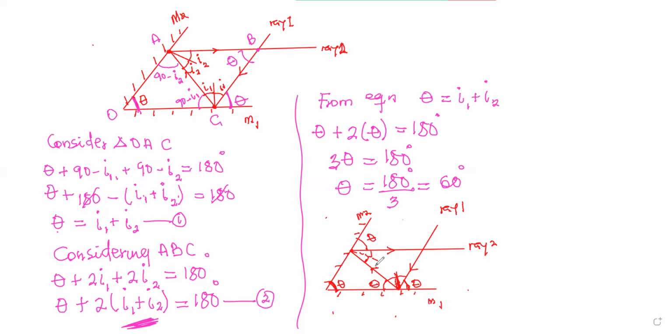And so if this is I2, equal to the angle of reflection I2, then this angle here must also be equal to what is here. So when you consider the triangle ABC, the sum of angles is 3 theta. So 3 theta is equal to 180 degrees, and theta is 180 over 3, which is 60 degrees. So this is another way to analyze the same thing using parallel lines.